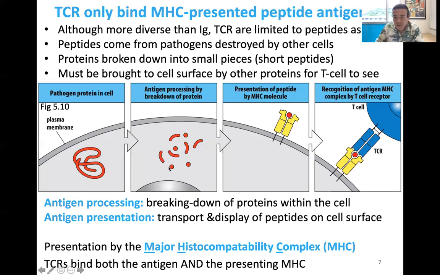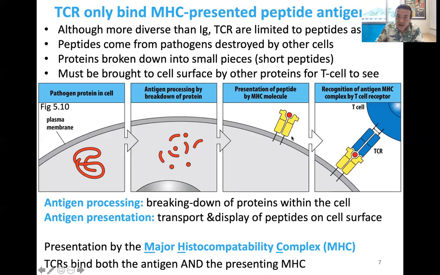But if this protein gets broken down, for example, if the cell itself is able to process this protein and chop it into small little pieces, these small little pieces would be peptide fragments of different lengths. Some of them are longer, like the hot dogs. Some of them are really short, like the red dots. So it's the short little ones that get presented on the outside of the cell.